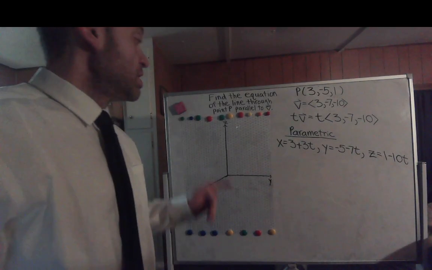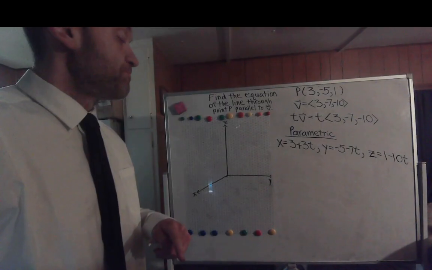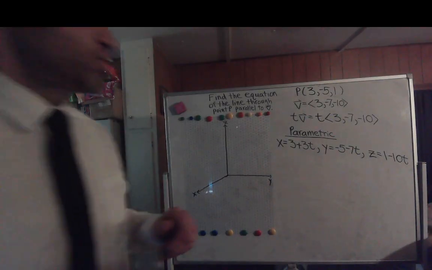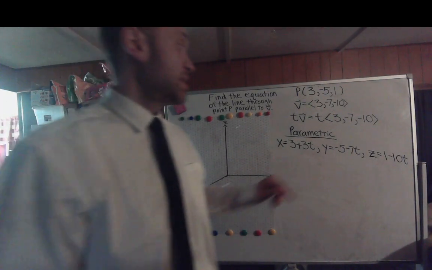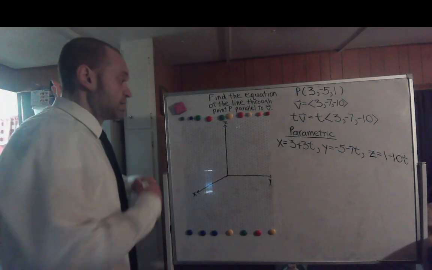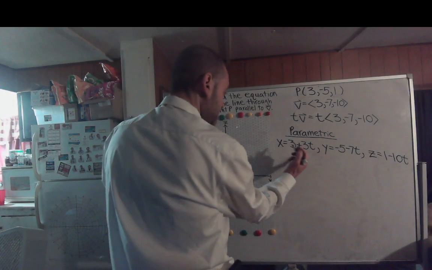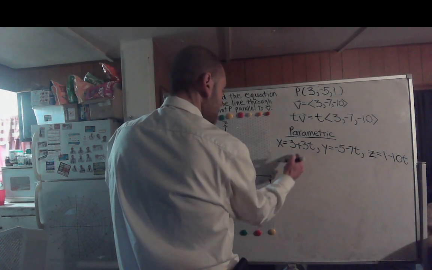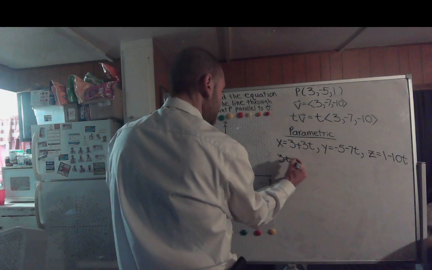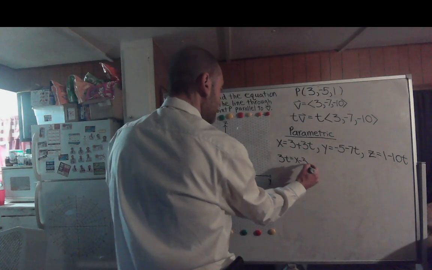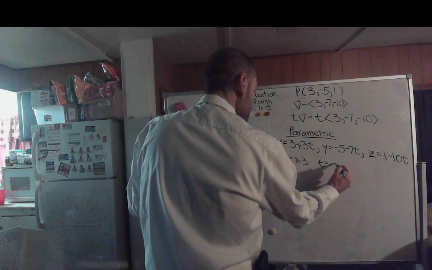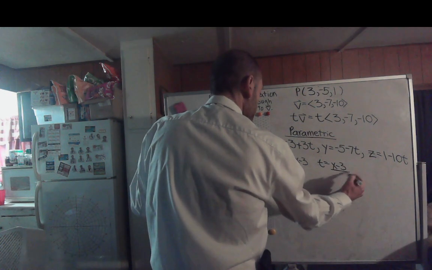Now, next thing we want to do is find symmetric equations. And we can do that because all of our direction numbers are non-zero numbers. So if we solve for t for the x variable, you would end up getting 3t equals x minus 3, which would have to mean that t equals x minus 3 over 3.